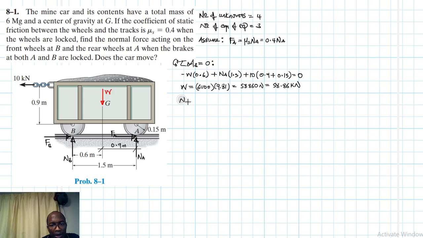Therefore, our NA is just going to be equal to, what is the value of NA here? Let's calculate: minus 58.86 times 0.6 plus 10 times (0.9 plus 0.15), divided by 1.5.